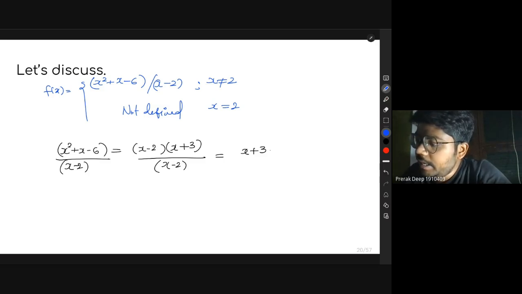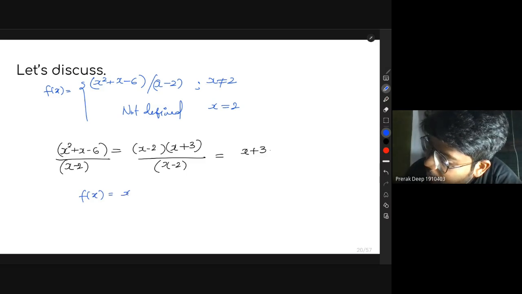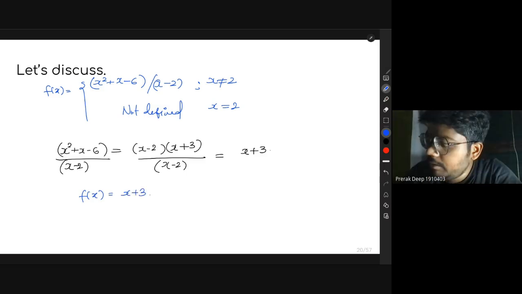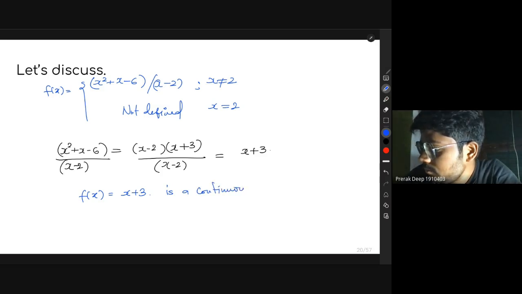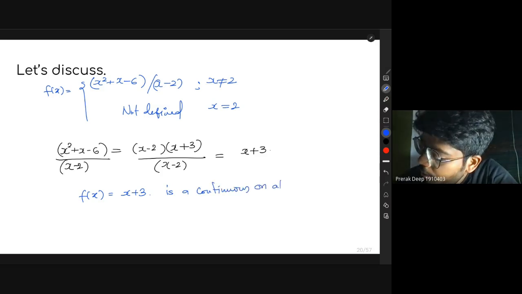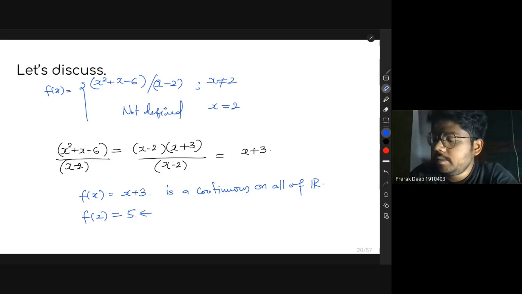So this function can be made continuous, because f of x is equal to x plus 3, which is a continuous function on all of R. And at x equal to 2 it is 5. So you can define this to be the limit.